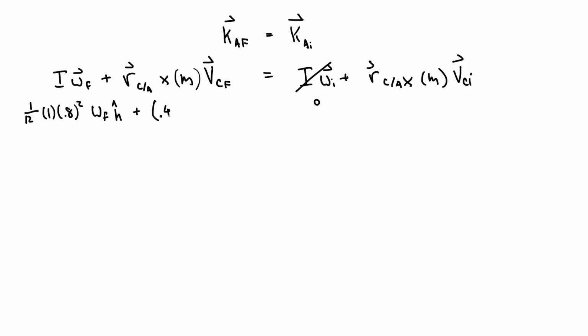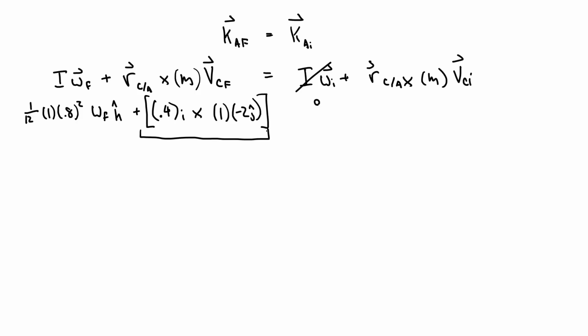So 0.4 I crossed with the mass times VC final. So VC final was going -2 in the J direction. So our mass was 1, so it's going to be 1 times -2 J hat.